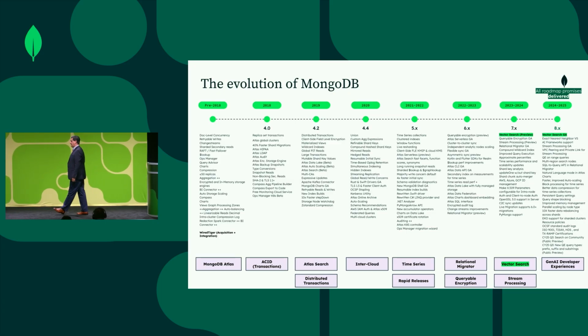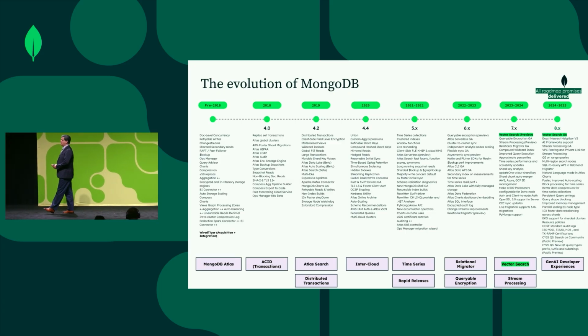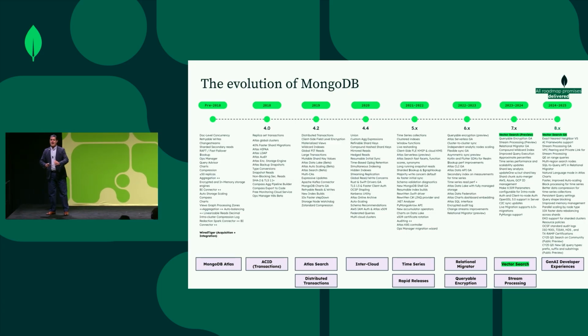In terms of the evolution of MongoDB, it has been an exciting few past years, but the most important part of all this content is that a little bit over 1 year ago, we enabled vector search on Atlas.